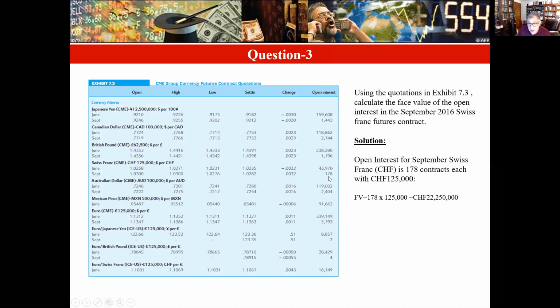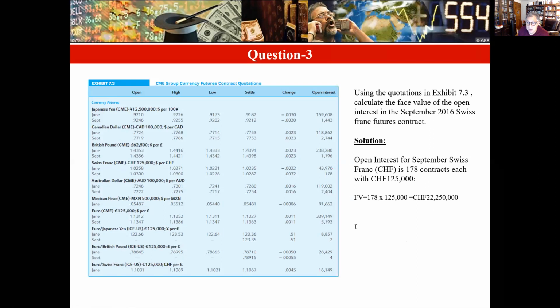There are 178 September contracts that are still open. So open interest in September Swiss franc contracts is 178. Since each contract has a contract value of $125,000, the face value of these 178 contracts amounts to $22,250,000.